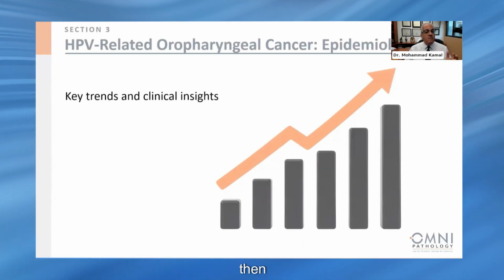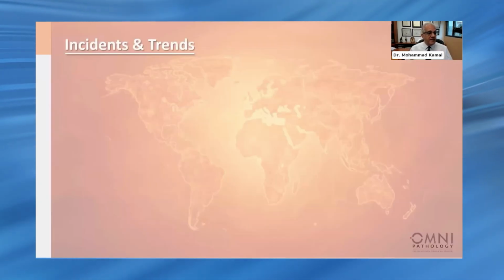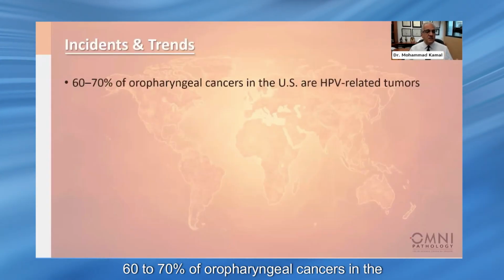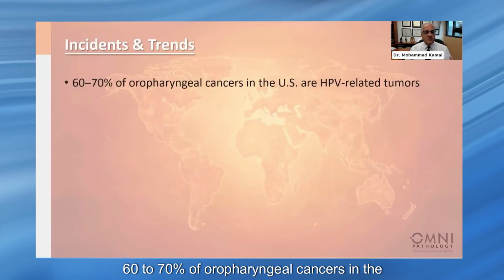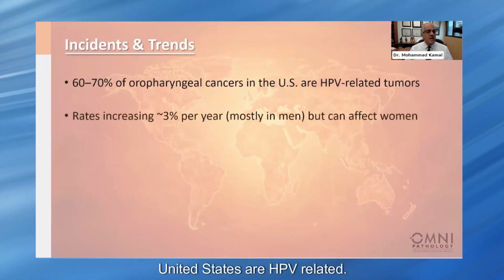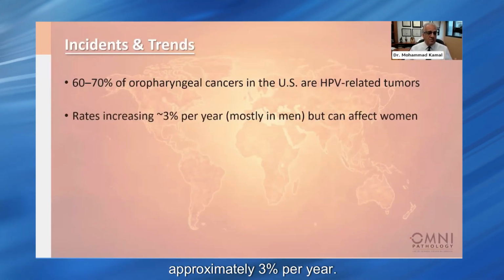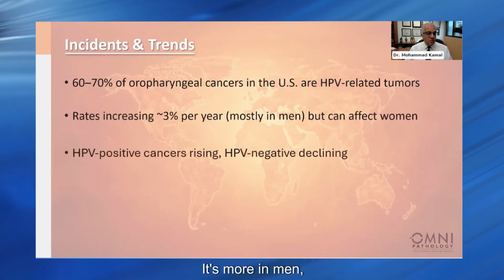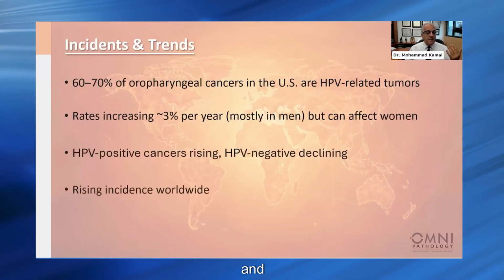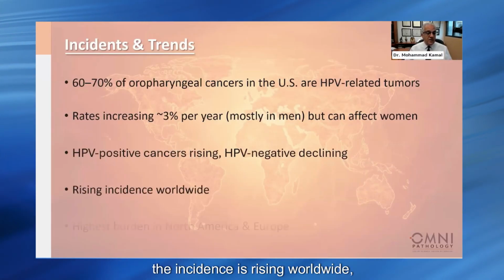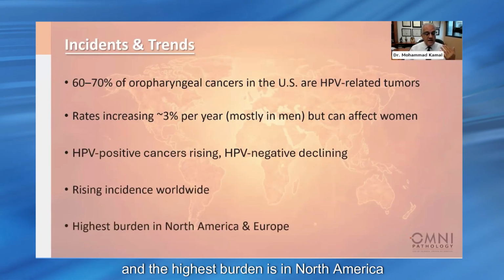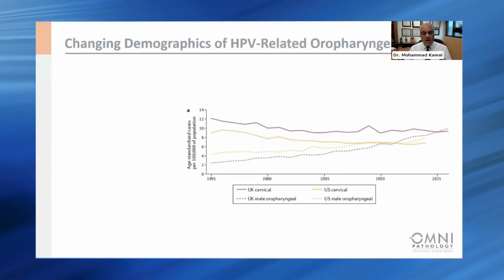And then I'm going to share some trends. 60 to 70% of oropharyngeal cancers in the United States are HPV related. The rate is consistently increasing, approximately 3% per year. It's more in men, and the incidence is rising worldwide, and the highest burden is in North America and Europe.